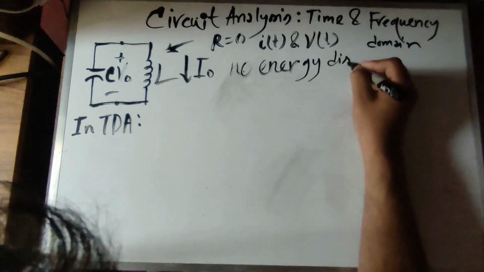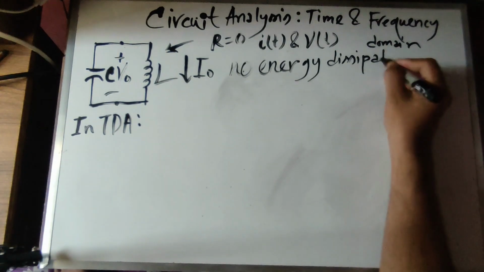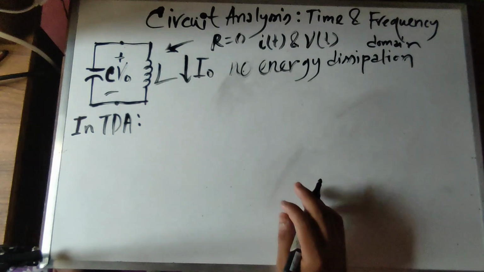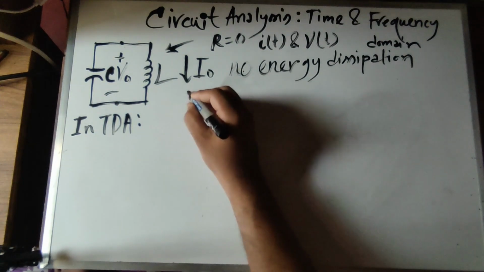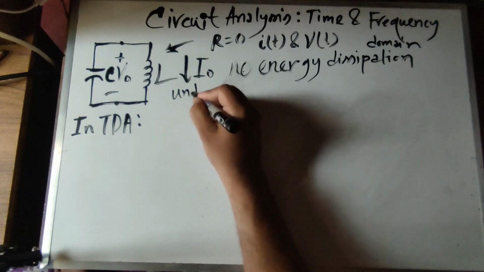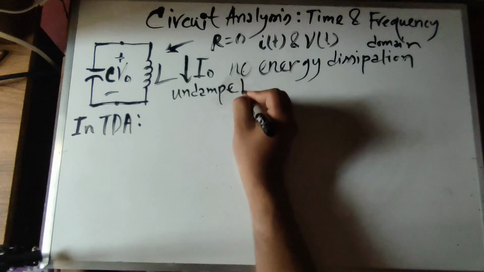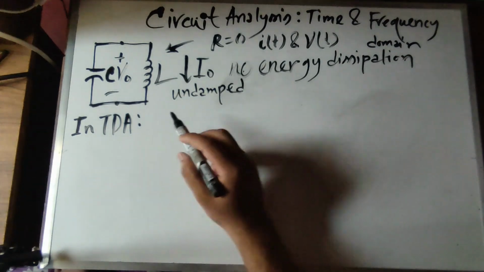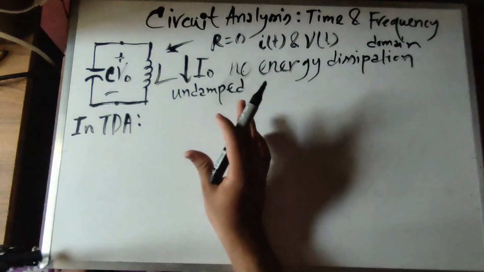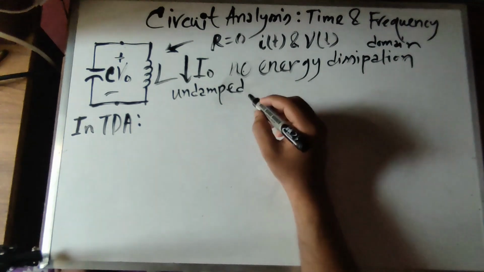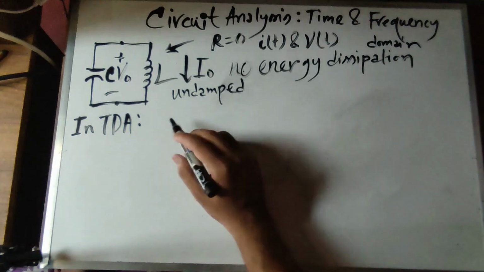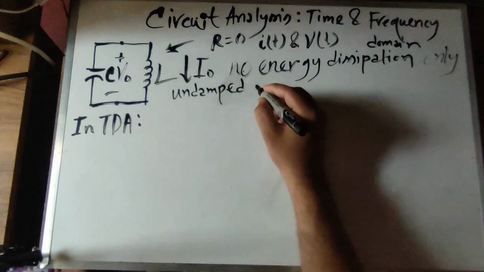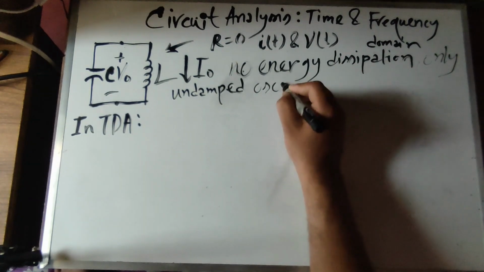No energy dissipation, and oscillation undamped. So resistance means damping, and absence of resistance will mean the system is undamped. So there will be no energy dissipation, only undamped oscillation.